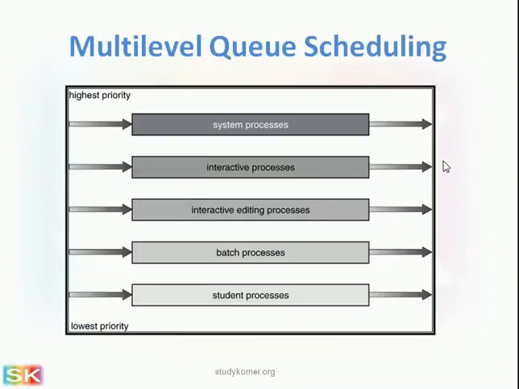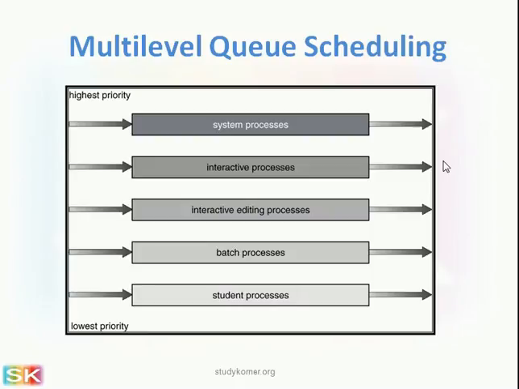So whenever a system process is submitted to the ready queue, it will be submitted to the highest priority queue, and interactive processes will be submitted to the second highest. Interactive editing processes may be submitted to the third highest.